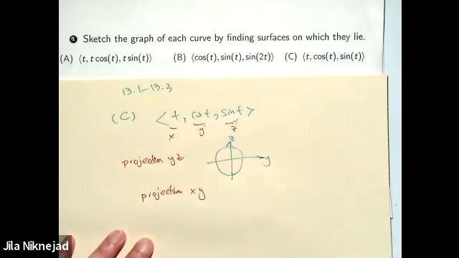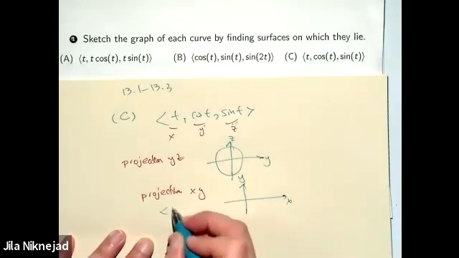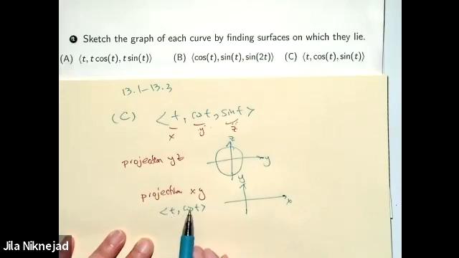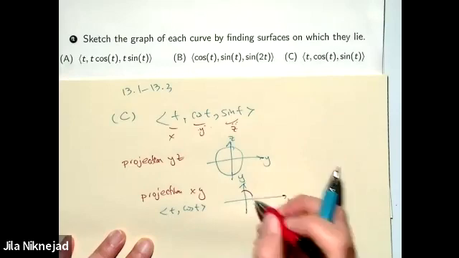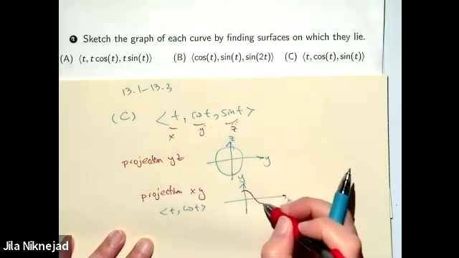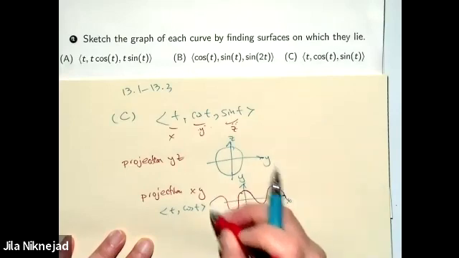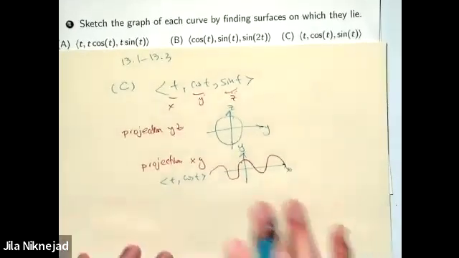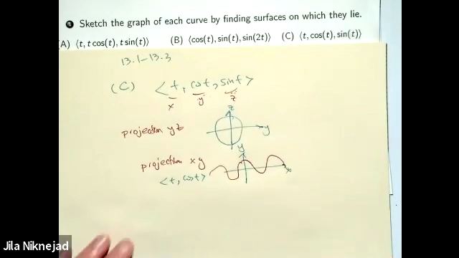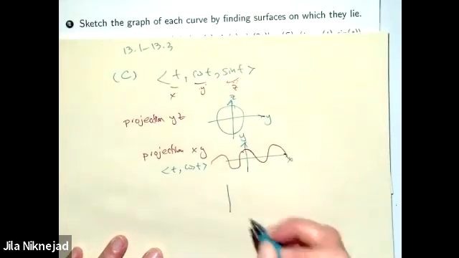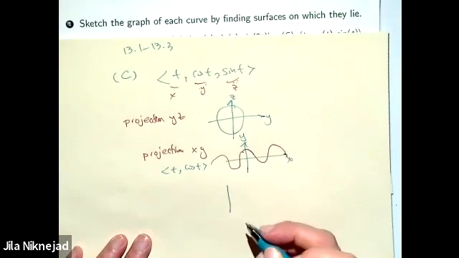Let's say XY. And so XY is just t and cosine of t, right? So x and cosine of x. So it's cosine of x. And so this just reminds me of the helix. Helix, not helixoid.